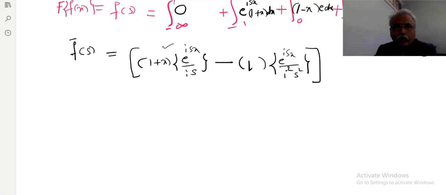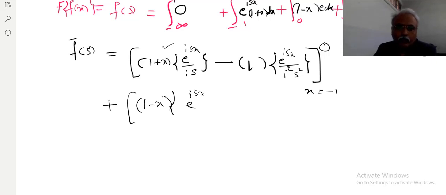Let me tell you once again what we did. Differentiation part: 1 plus x, differentiate again. First we keep it as it is, then differentiate. Integration starts directly: e raised to isx by is, integrate again, one more is comes down, with x from minus 1 to 0. Next, instead of 1 plus x there is 1 minus x, that is the only difference: e raised to isx upon is, just like the previous part, minus of, be careful here, this differentiation is not plus 1, it is minus 1.